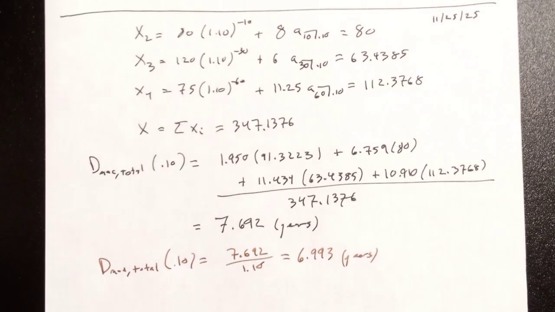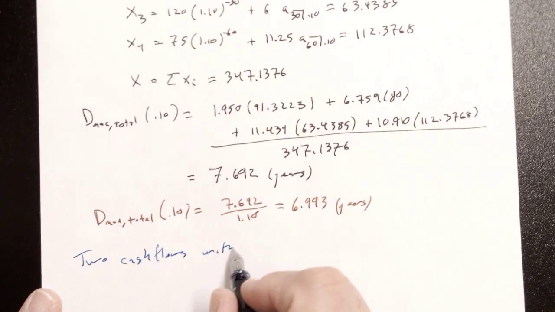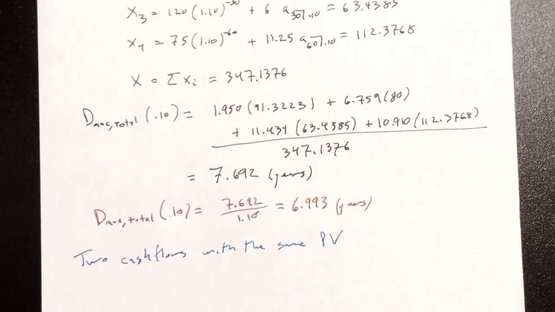But if I have different cash flows with the same present value, then I could base my choice of which one I want by the duration to decide whether or not I need more money now or later. And the duration can give me an idea of when the money comes in.